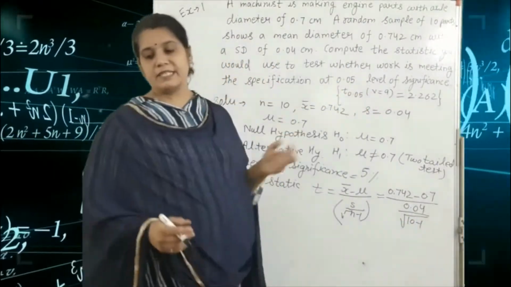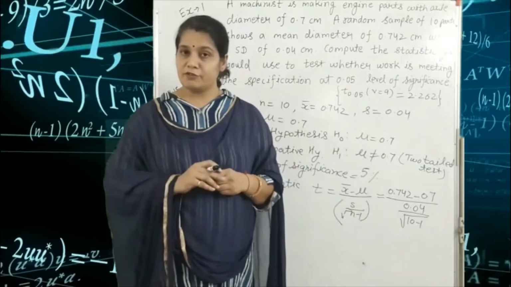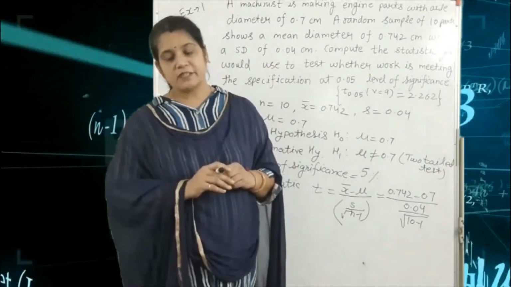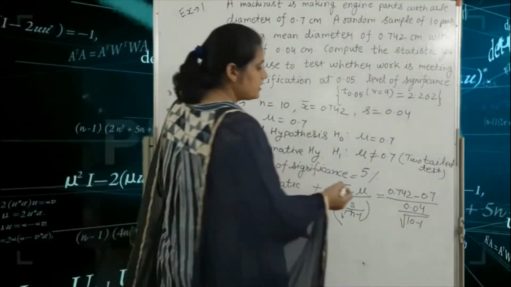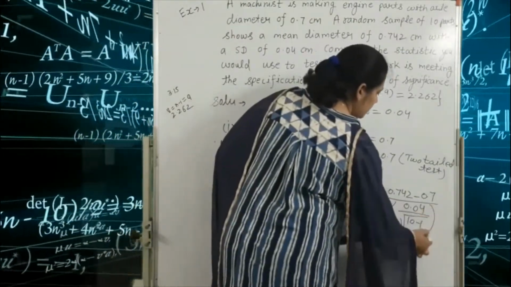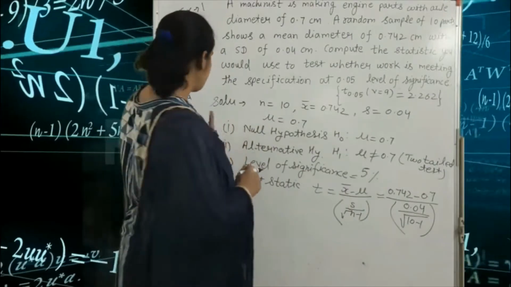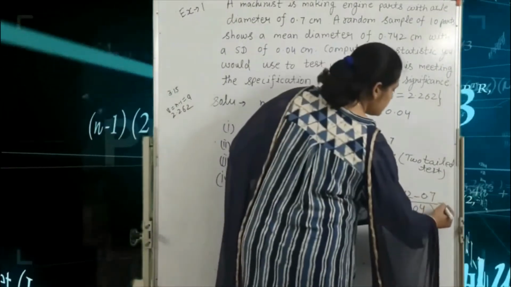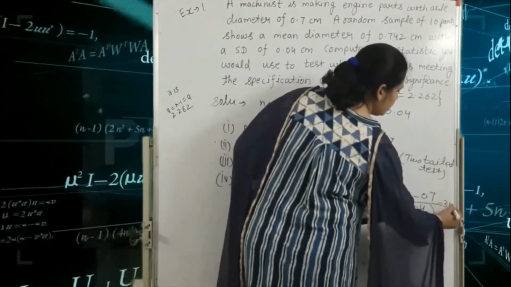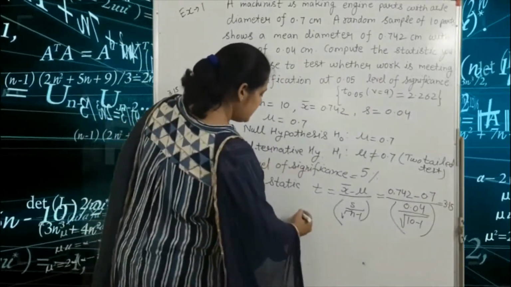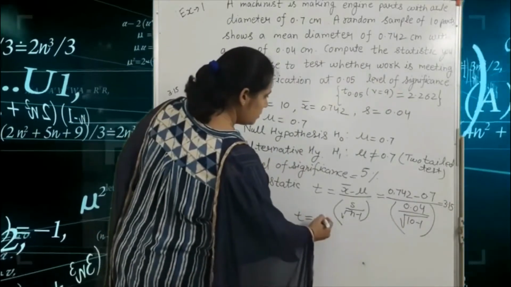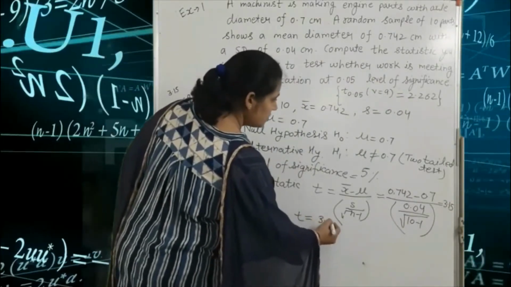That means we write 0.742 minus 0.7 divided by 0.04 over root 10 minus 1. After solving this, we get the value 3.15. So T is equal to 3.15.